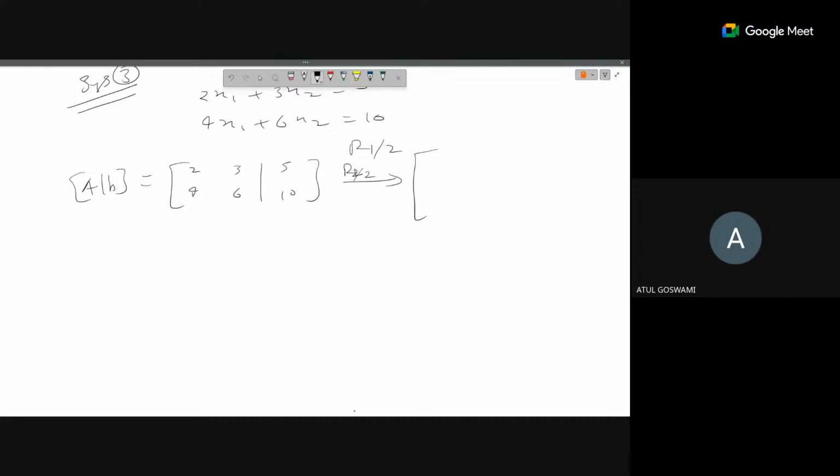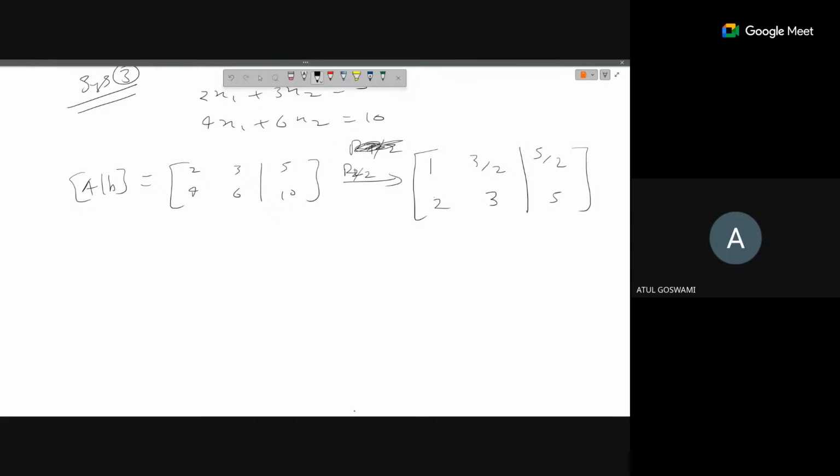So first row 1 is divided by 2, then 1, 3/2, 5/2. And this is divided by 2, so 2, 3, 5. Oh, don't divide row 1.